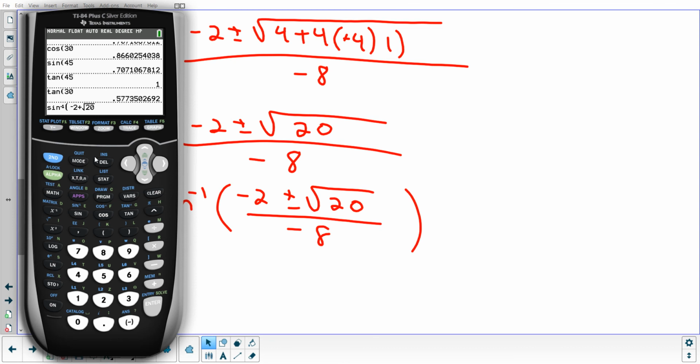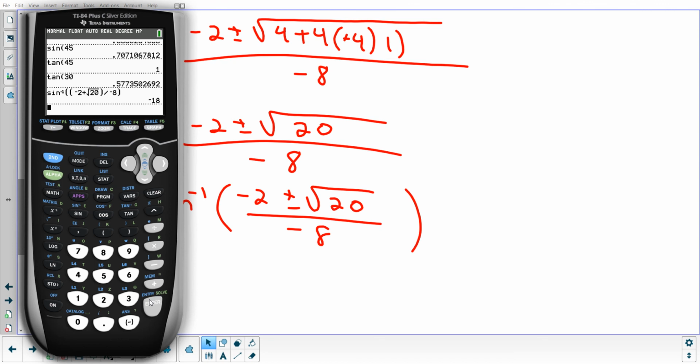We want to divide that by -8 inside the inverse sine, but I need an extra parenthesis around the numerator. So that is how you type it in. So -2 plus the square root of 20, do that first, then divide by -8, and then once you get that, take the inverse sine.